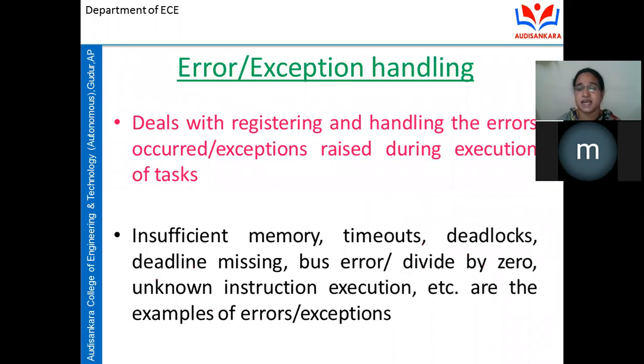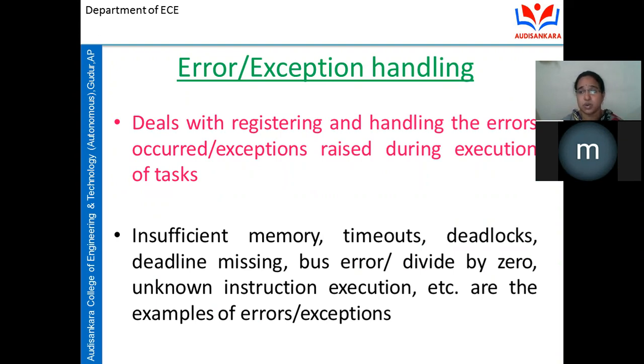So the next thing is error handling or exception handling. It deals with the handling of errors that occur or exceptions that rise during the execution of a task. So when may these errors occur? Errors and exceptions are something like insufficient memory.